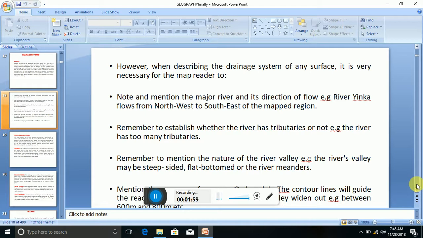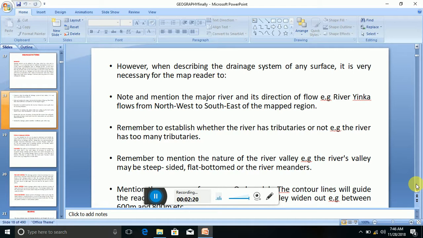However, when describing the drainage system of any surface, it is very necessary for the map reader to, number 1, note and mention the major river and its direction of flow. Example, River Yinka flows from northwest to southeast of the mapped region.